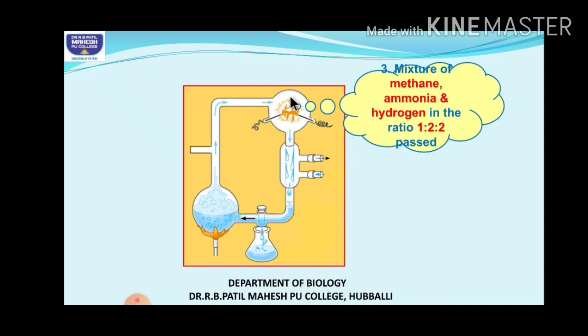So which were the gases taken there? It was methane, ammonia and hydrogen. You may ask me why these gases were taken. Why not any other chemical compounds? If you remember the theory of chemical evolution, according to Oparin and Haldane, what did the prebiotic atmosphere consist of? The first formed chemicals were ammonia, methane and hydrogen.